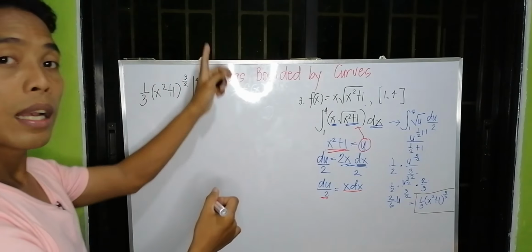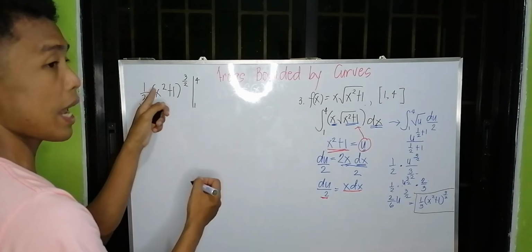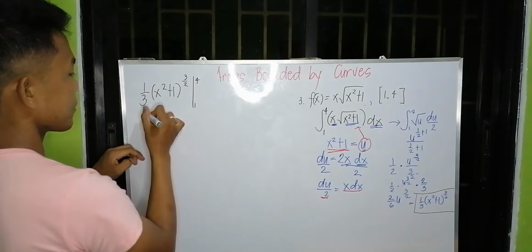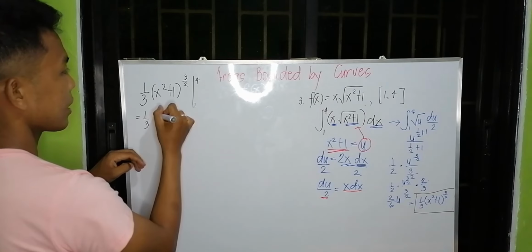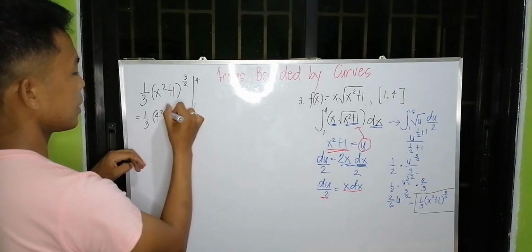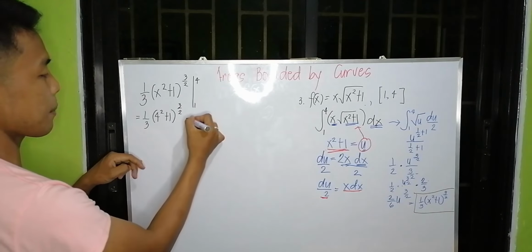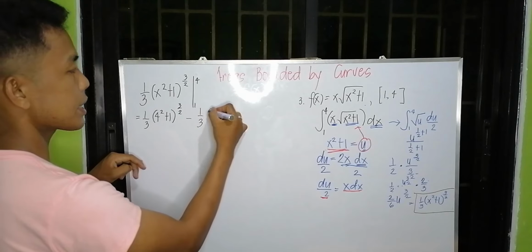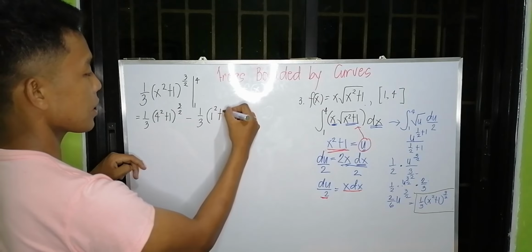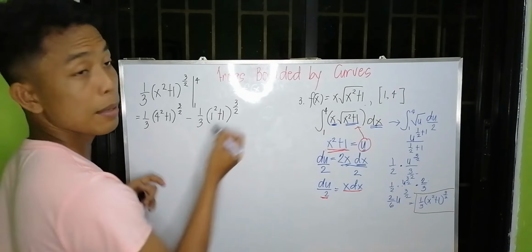So, copy mo lang ang lahat ng nandiyan except sa x kasi papalitan mo ng 4. So, 1/3 times 4 squared plus 1 raised to 3 halves. Dahil napalit mo na si 4, si 1 naman, minus 1/3 times 1 squared plus 1 raised to 3 halves.